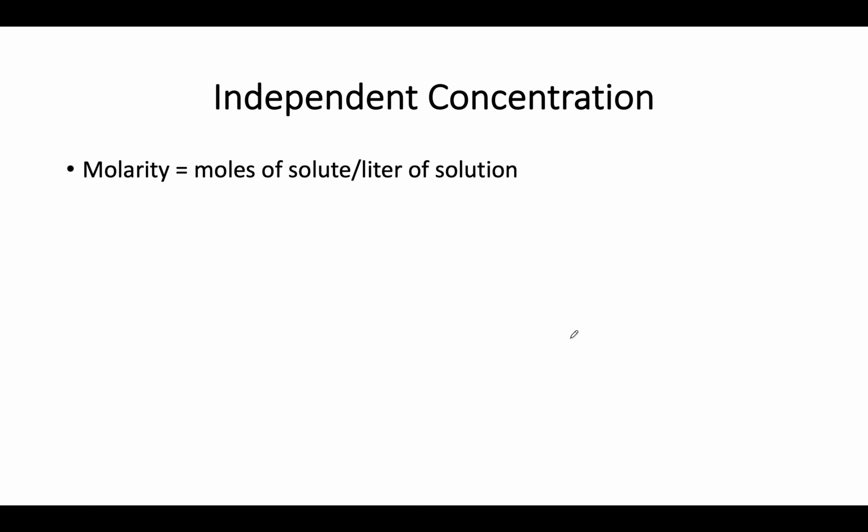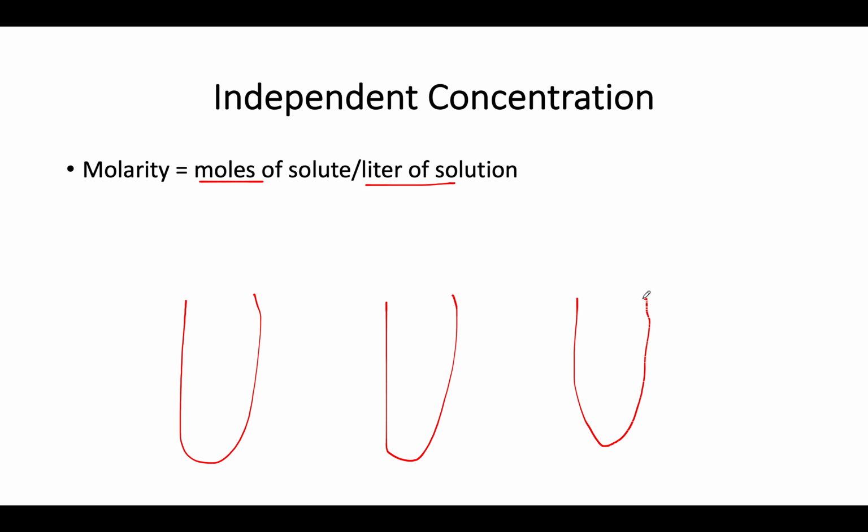Independent concentration is a little bit different. Okay, so we need the moles and the volume of the solution. And I'm just drawing easy test tubes, but again, it could be graduated cylinders. If you look at the activity, it could be volumetric flasks. In this case, you add mass to each one, and you add solvent to each one.